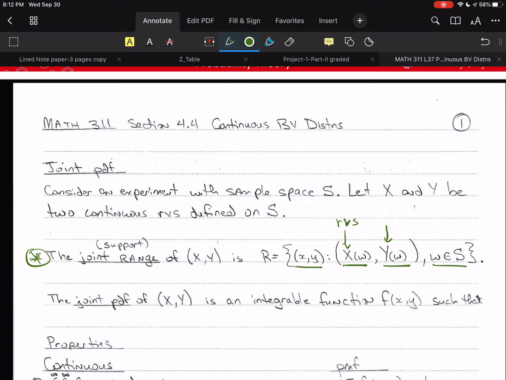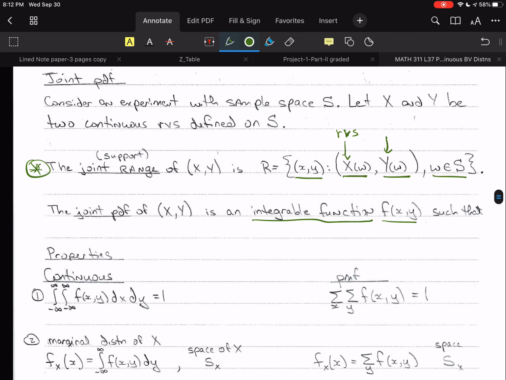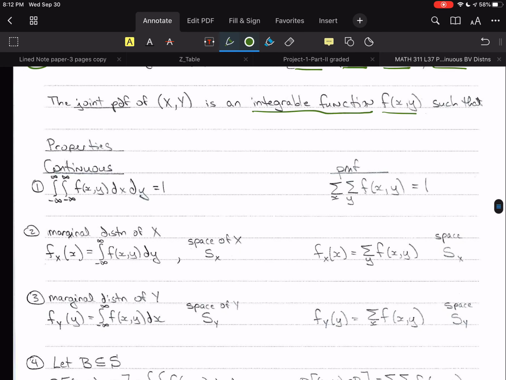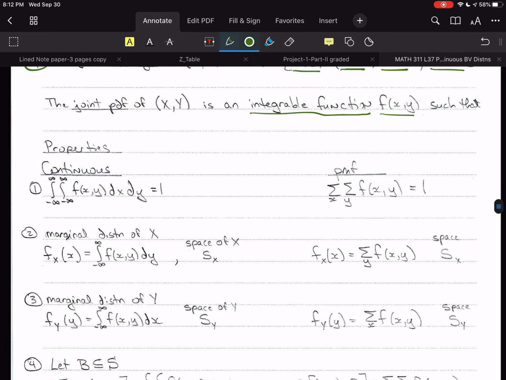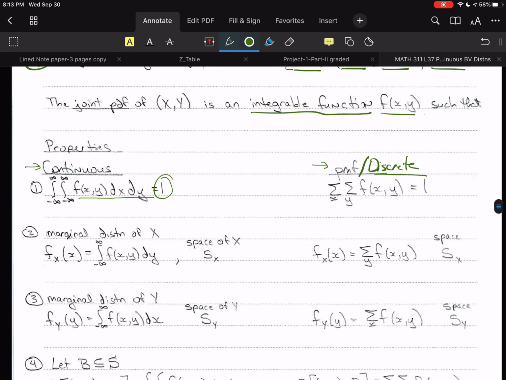So the joint PDF of x and y is an integrable function, f of (x, y), such that, and here are the properties. I forgot to write it over here, but I did write PMF, so this means discrete. So we have continuous here, and we have discrete over here. The properties are, we can integrate f of (x, y) dy dx from negative infinity to positive infinity, both x and y, and that had best integrate to 1.